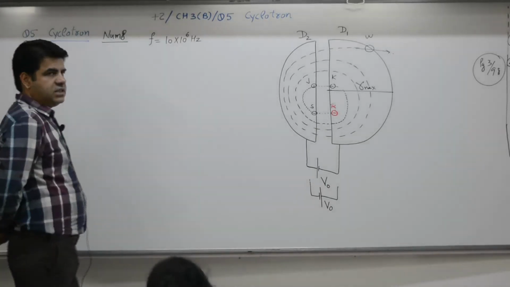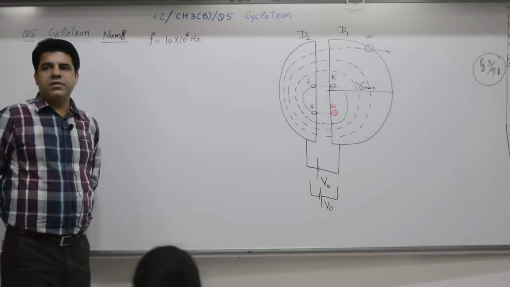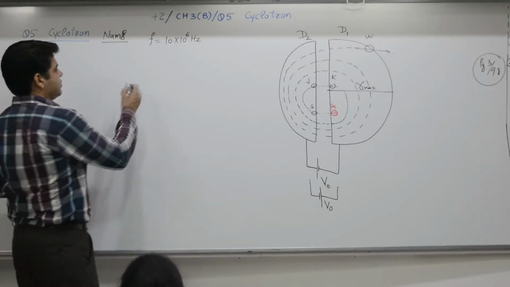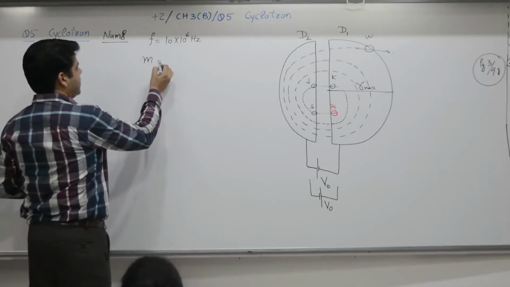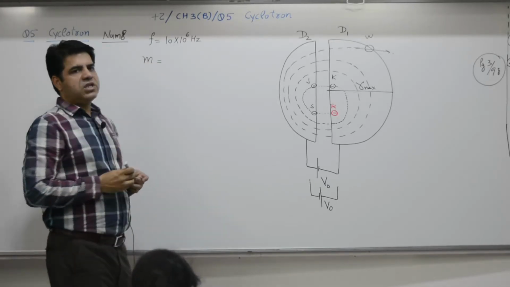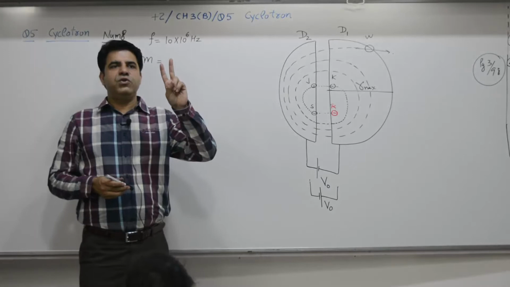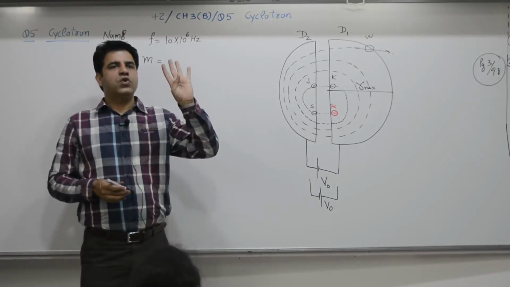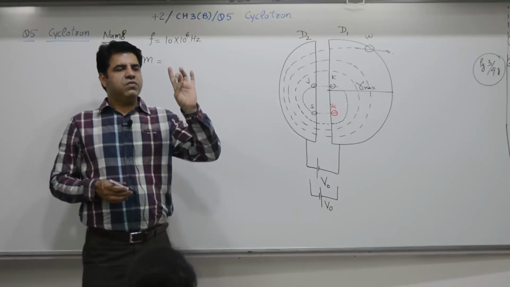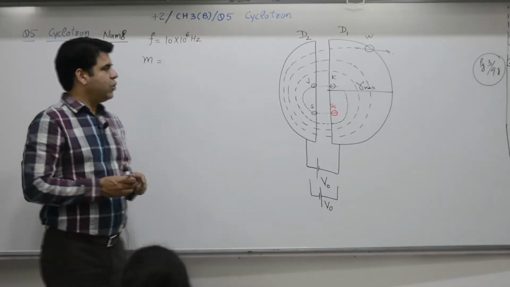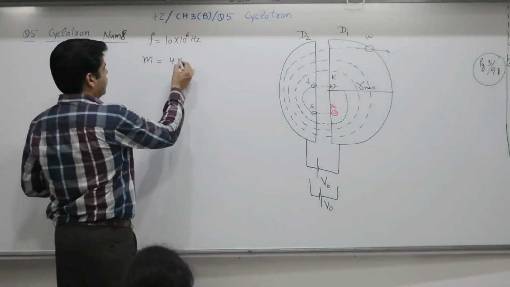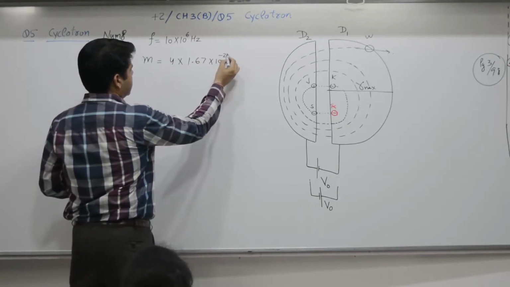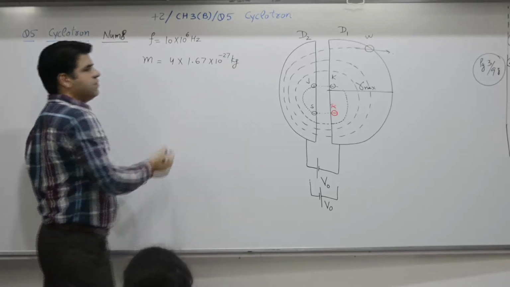What you accelerate here is an alpha particle. In an alpha particle, how many protons are there? 2. How many neutrons? 2. So a total of 4 nucleons. The mass of one nucleon is given, so the mass of the alpha particle is given.